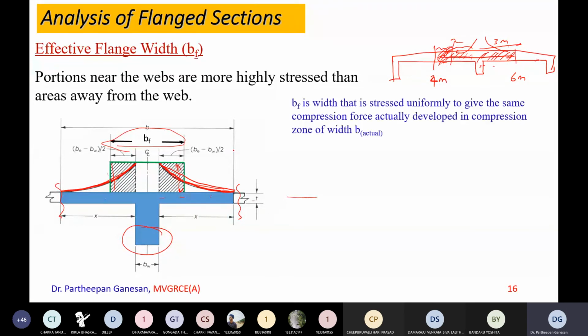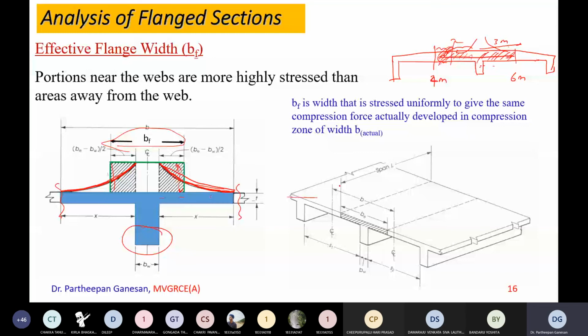Okay, so this entire B is the center line of one span to the center line of the other span. This total length is called B. This is not the effective width, this is just B. But where your stress is uniform, that distance is called BF. So this is BF, this is BF.